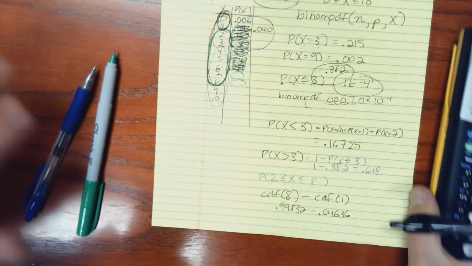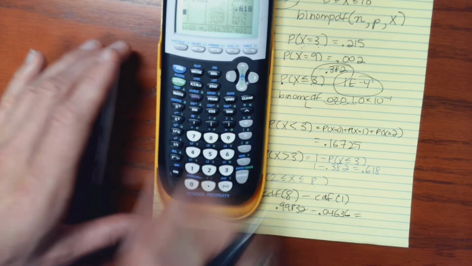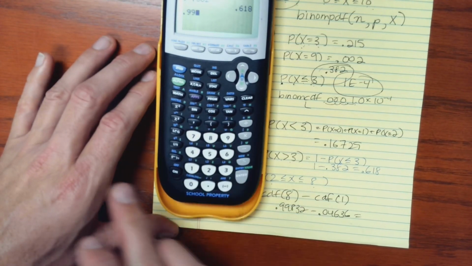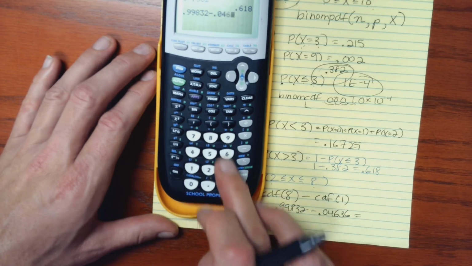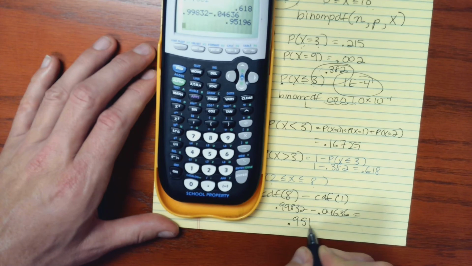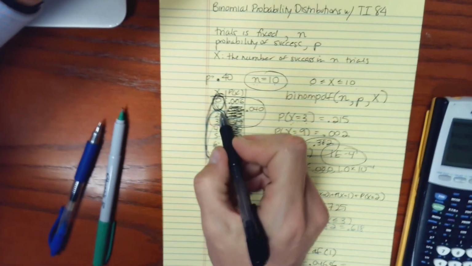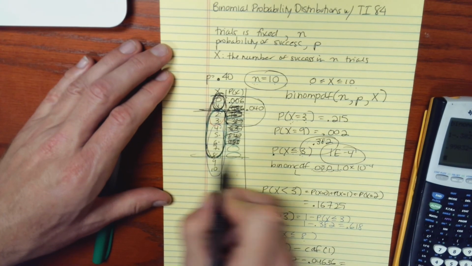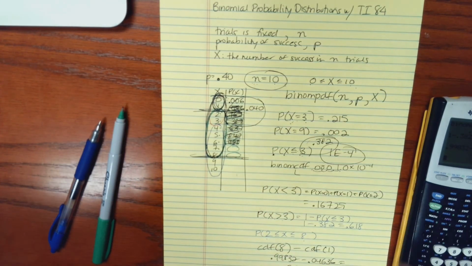0.04636. So if I subtract 0.99832 minus 0.04636, that's 0.95196. And again, you would get the same answer if you were to add up the probabilities between here and here in this PDF column.